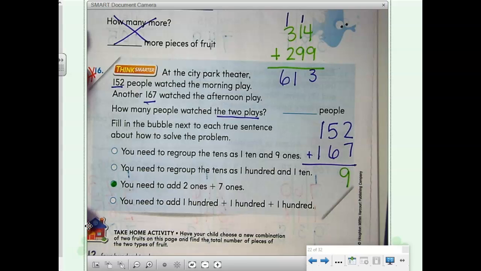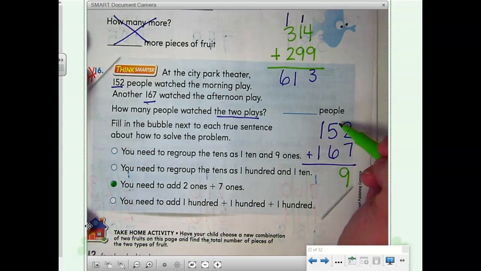That's the first step we do. Now, we go to the tens column. We have 5 tens plus 6 tens. What does that give us? 11 tens. When we regroup, it's no longer 11 tens, it's what?